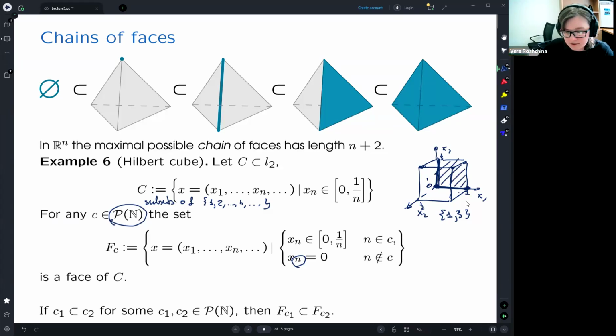Because in that case, I can have a chain of subsets of natural numbers that is uncountable, I can have chains of faces that are uncountable. If one selection, like C here, is a subset of the other, then faces will also be subsets of one another, quite clear from the definition. So I can have uncountable chains of faces of convex sets, even in this very simple example.